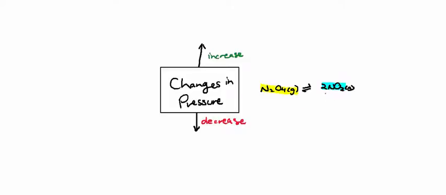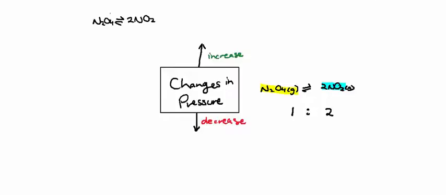So if we have a look at the ratio of reactants and products here, on the left hand side we've got 1 mole of reactants, and on the right hand side we've got 2 moles of products. So the right hand side is going to have more individual molecules than the left hand side.